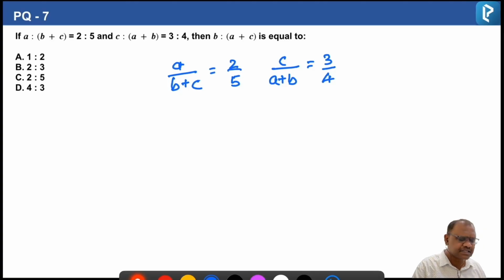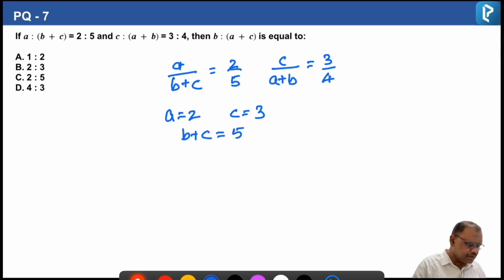So from the first ratio, we know the value of A as 2. And from the second ratio, we know the value of C as 3. So from the first ratio, B+C is equal to 5. If you substitute the value of C as 3, we can find the value of B as 5 minus 3, which is equal to 2.